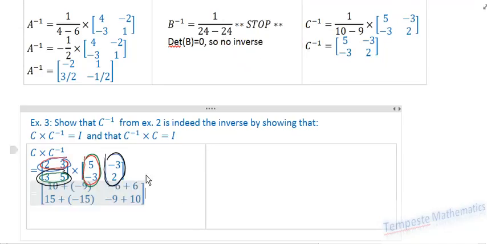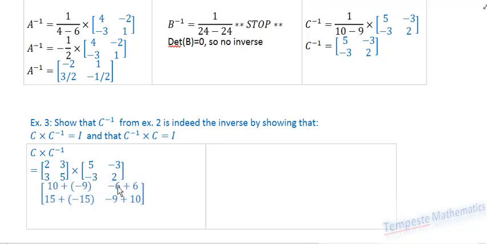So what we do find is that when we multiply row 1 by column 1, that's 2 times 5 or 10, minus 9.